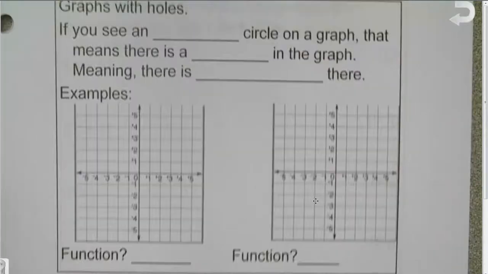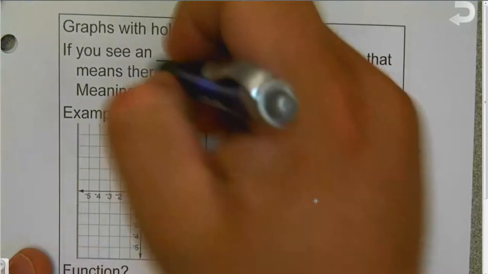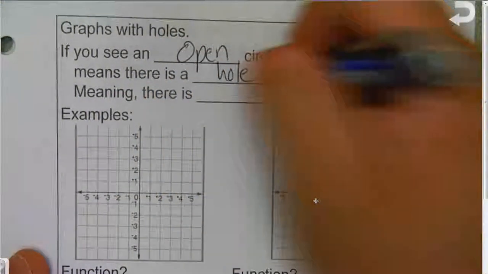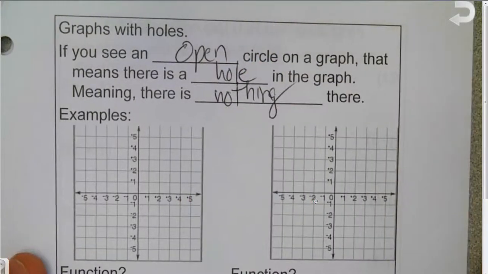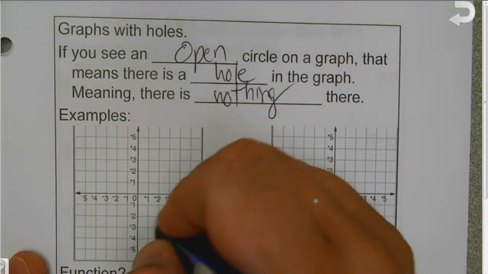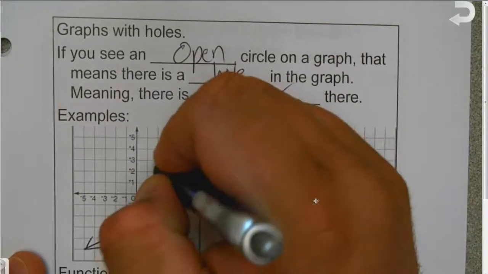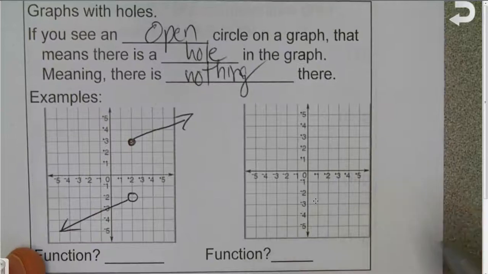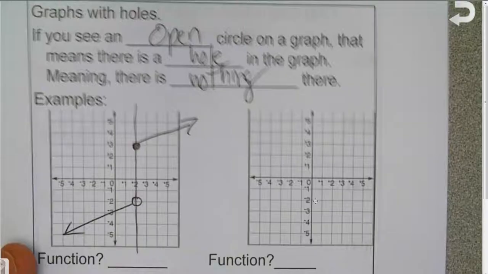Sometimes you get a graph with a hole in it. So if you see an open circle on the graph, that means there's a hole in it, meaning that there's nothing there. So if you see a graph like this, I know you would say, well, wait a minute, there's 2 points.